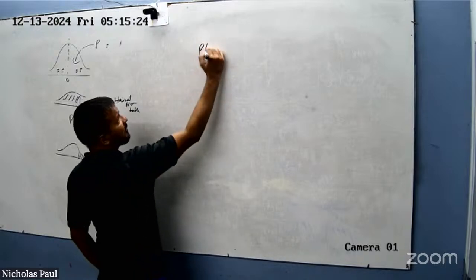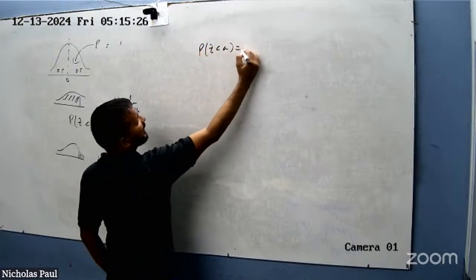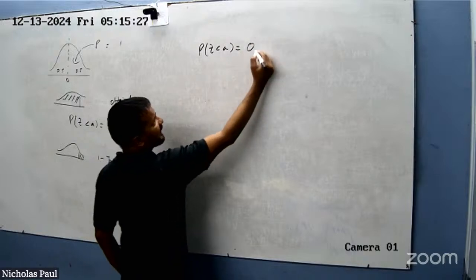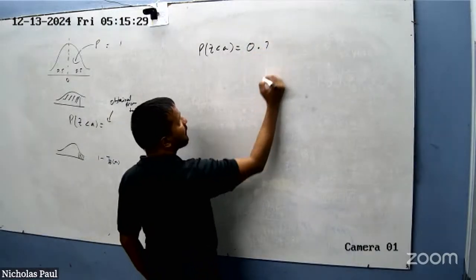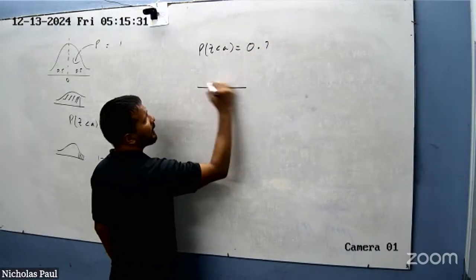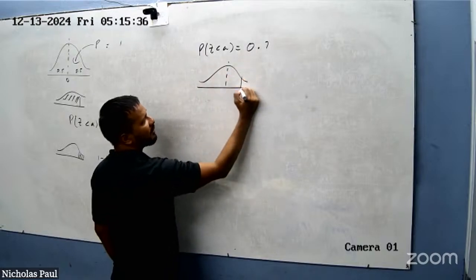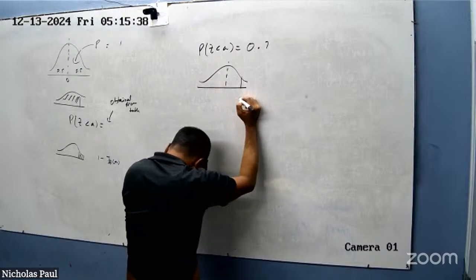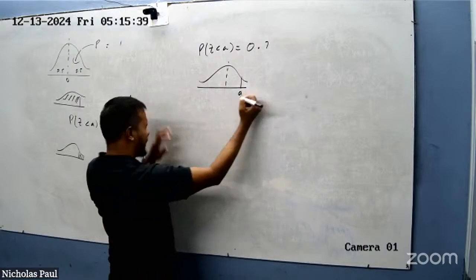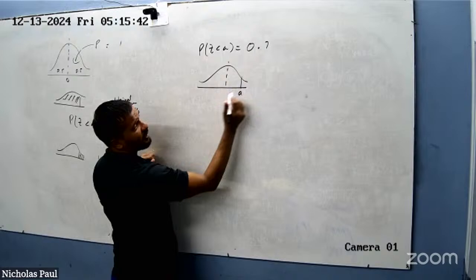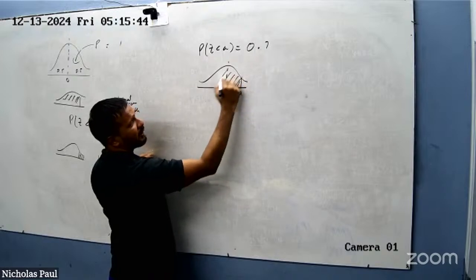So I gave you the probability of z less than a is equal to, let's say, 0.7. What that means is, because the value is more than 0.5, a is on the right side. So a is positive.